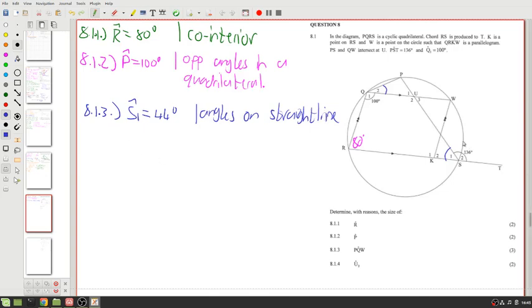Alright. Then, once we have this angle, we can see what the whole angle will be. Because PQRS is a cyclic quadrilateral, angle S1 plus Q must be 180.